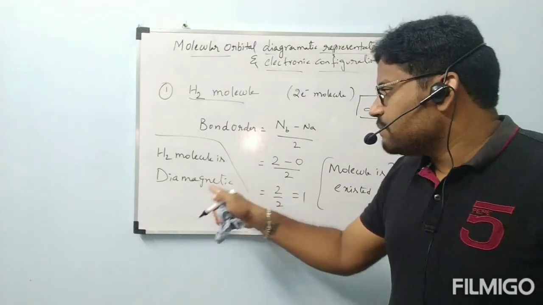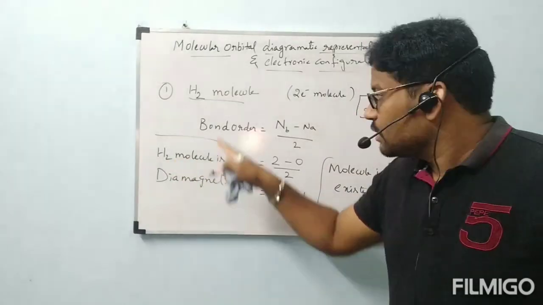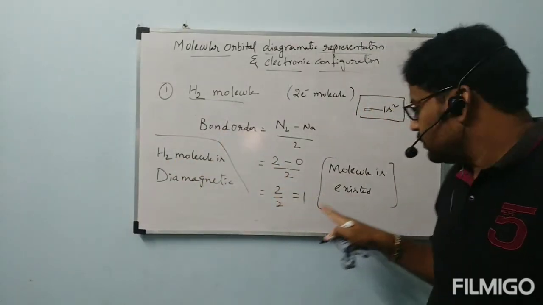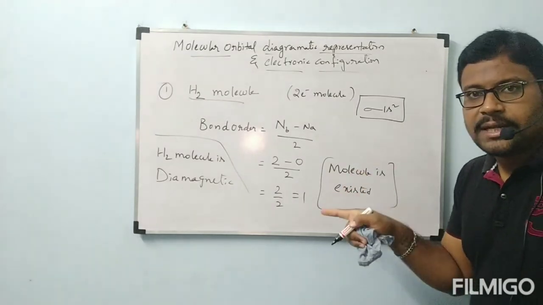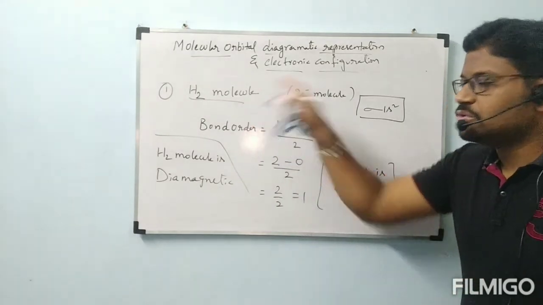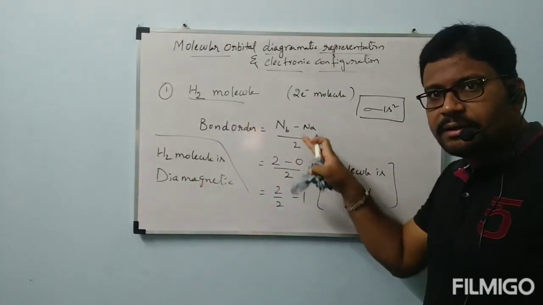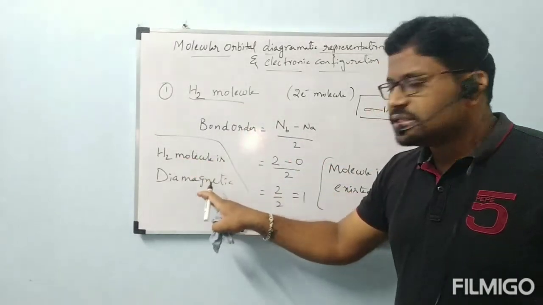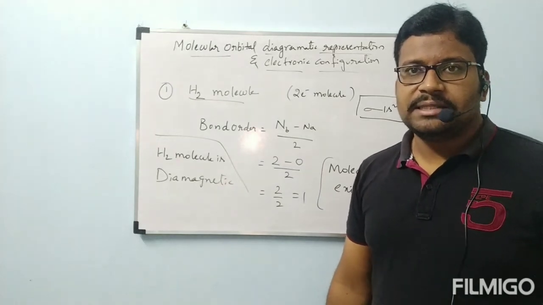Then it is diamagnetic in nature. That's why the H2 molecule is diamagnetic, bond order is equal to 1, and the molecule exists. This is the explanation given by molecular orbital theory for the H2 molecule. Everything is okay. But the magnetic nature of the H2 molecule was clearly not explained by hybridization. That is the thing.